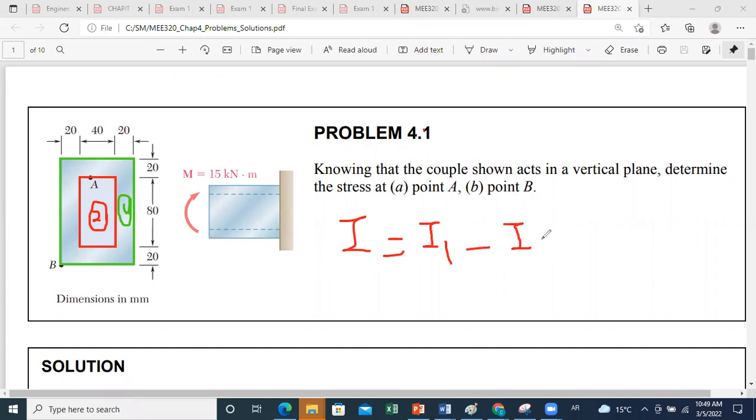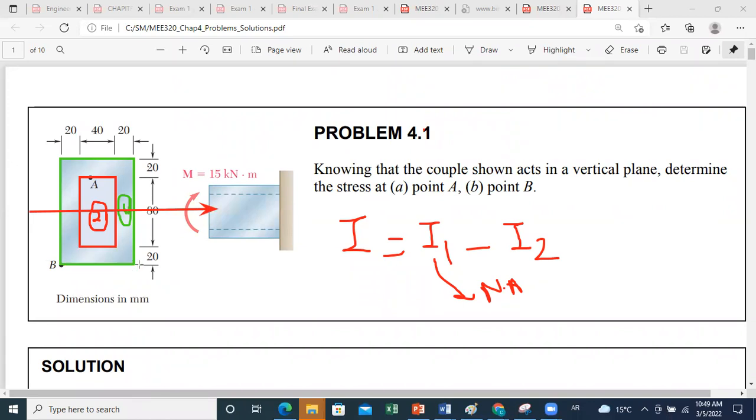Keep in mind that the inertias are always calculated relative to the neutral axis. Okay, so as we said, our neutral axis is the x-axis passing by the centroid. So we need to go to formula sheets for a rectangle. We already know that for a rectangle, if you want to get the inertia about this axis, we define the dimension parallel to this axis as b.